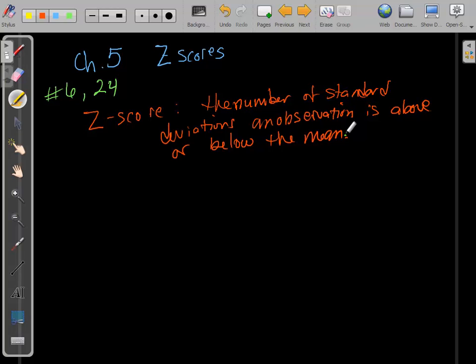So if you had a z-score of 1.2, that's telling you that whatever observation you started with, it's 1.2 standard deviations above the mean.